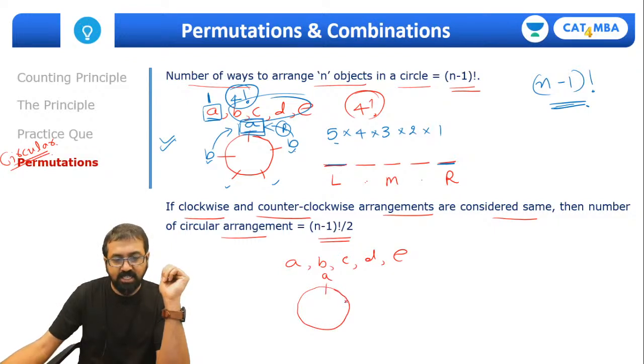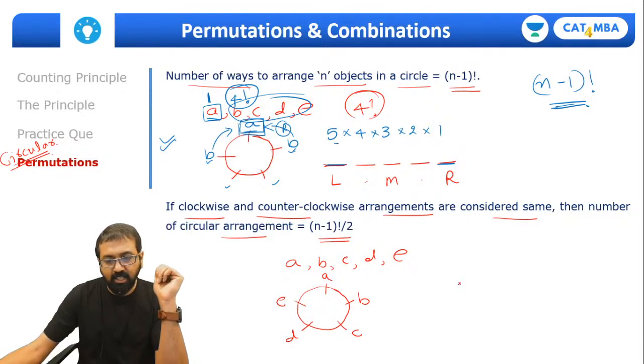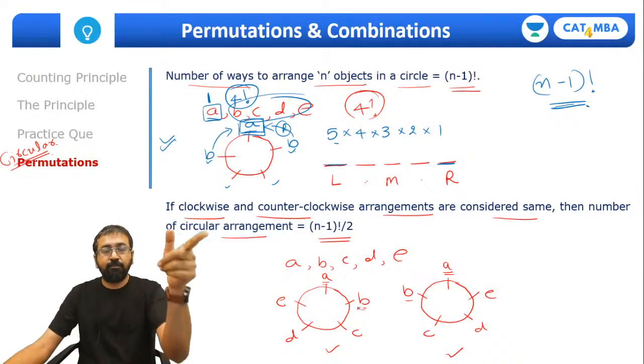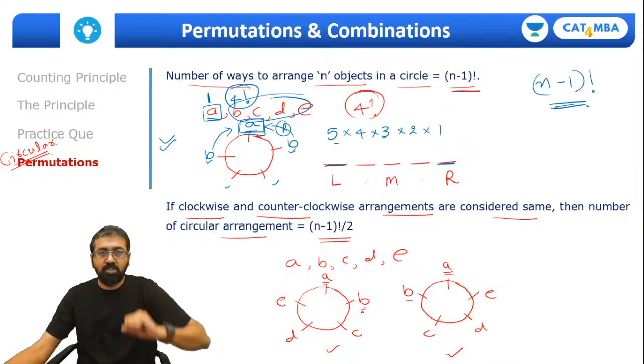First they sat like this: A over here, B over here, C, then D and E. Instead, if we ask them to sit like this: A, then B, then C, then D and E. Of course, these are two different arrangements, because with reference to A, B is on this side, and with reference to A, B is over here. So these are two different arrangements when we arrange 5 people around a circle.